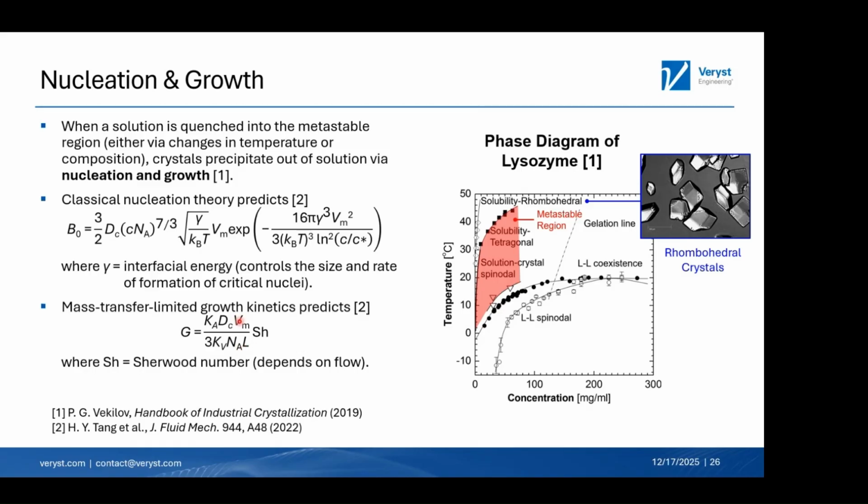If advection is present, so if you have convection by flow, you also have to modify the diffusion result by a parameter, the Sherwood number, which I introduced previously. This Sherwood number depends on the flow. And because flow is a complex process that can couple to mass transfer, generally when we're modeling macroscopic phenomena, we use correlations to describe how the Sherwood number depends on flow strength.